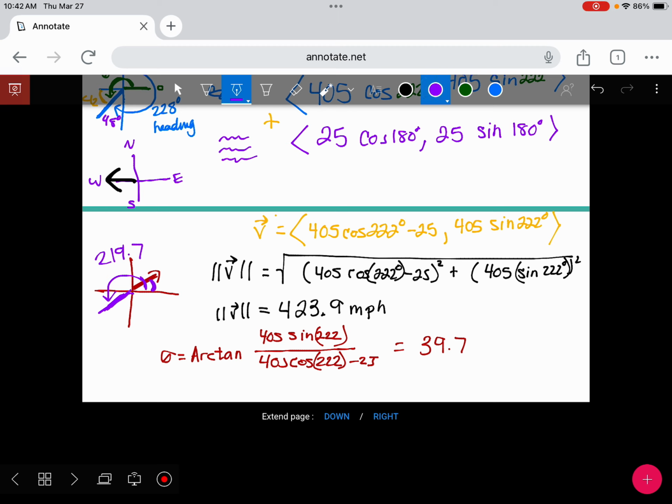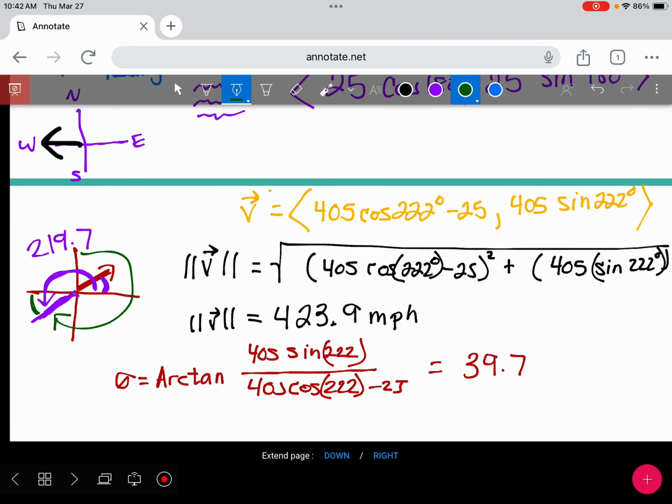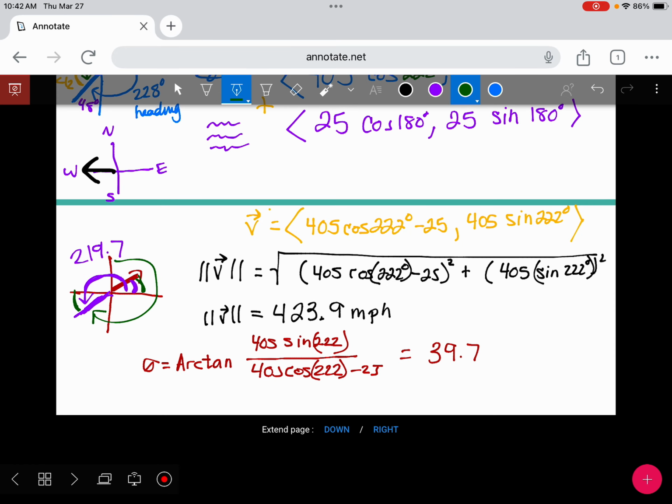It's not. This is the angle here. The heading starts at north, then goes around. So minus 360? I tend to do it kind of this way. This guy is going to be the same angle as this one. Our 39.7 is this guy.